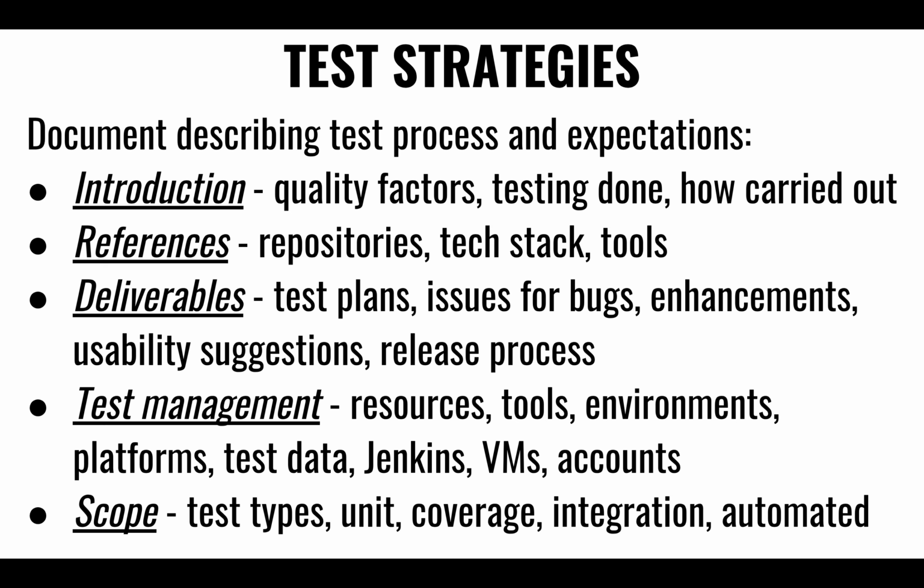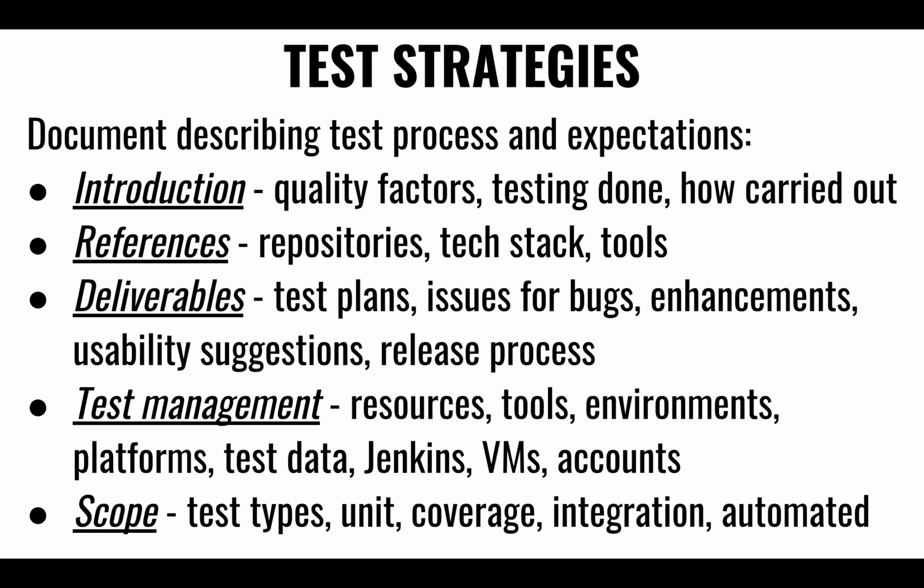Again, the tools that they're going to be using for different things. For instance, they might need access to certain virtual machines that replicate the production environment as closely as possible, with data that is representative of the production environment.